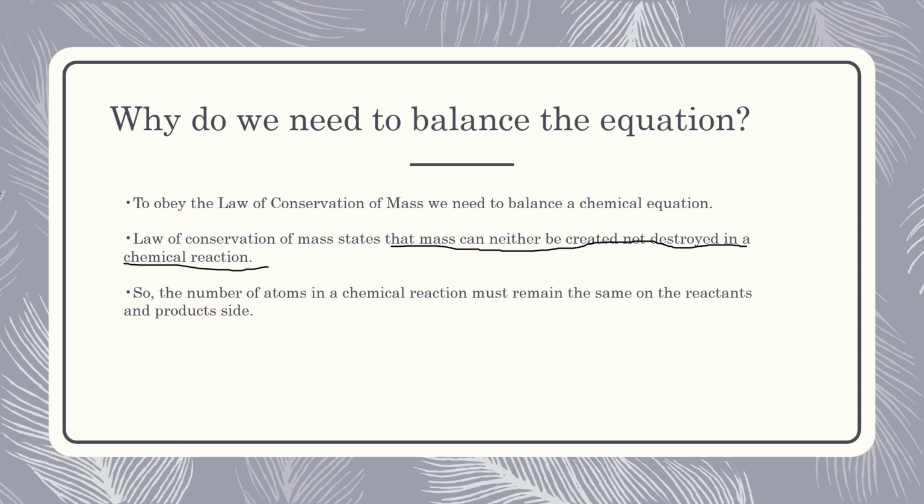So we cannot create mass or destroy it completely in a chemical equation. In order to obey this law, we need to balance the chemical equations. The number of atoms in a chemical reaction must remain the same on the reactant side and product side. As I said in the previous slide, LHS should always be equal to RHS so that we balance the equation.